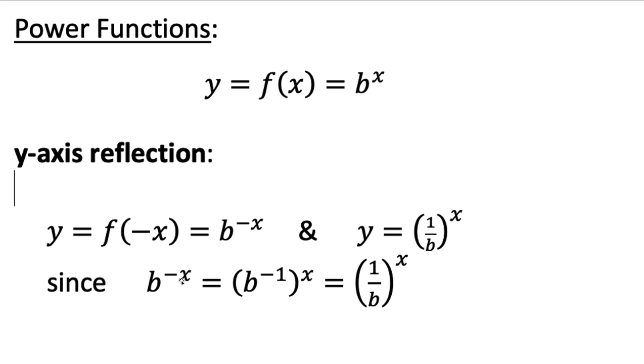Negative 1 times x is negative x. So right here, this is a valid equal sign. What's b to the minus 1 power, though? Remember, it's the reciprocal, right? So this actually becomes y equals the reciprocal base to the x power. So the y-axis reflection is an exponential, or in this case a power function, where the base has been replaced by its reciprocal.